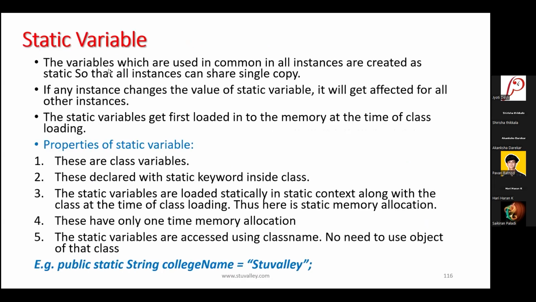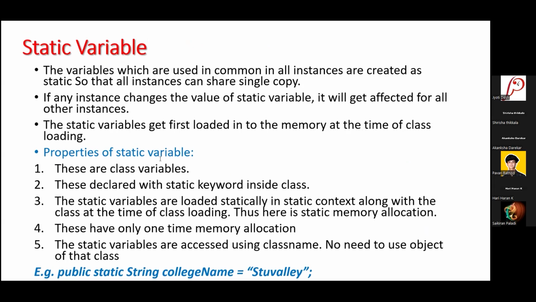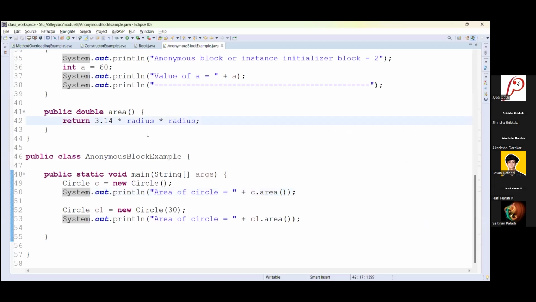First we are going to see the static variable, where we can create a static variable and all instances can share a single copy. When to use a static variable? If you want to use a value as a constant, which should never be changed as per the instance variable values.